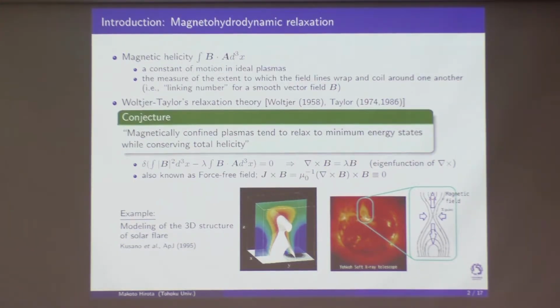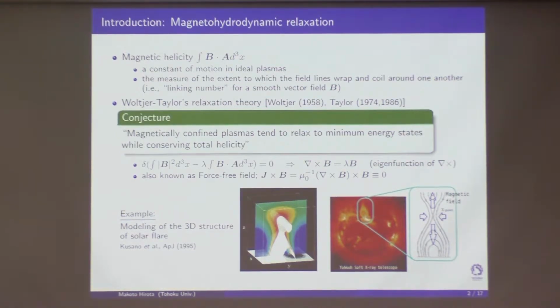This is just a tendency or assumption. But based on this conjecture, you can minimize energy while conserving the magnetic helicity. This is a variational problem. If you solve this variational problem, you will get this equation as the Euler-Lagrange equation.